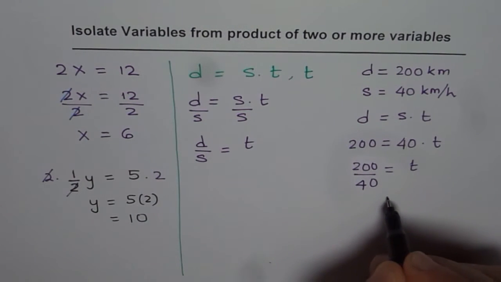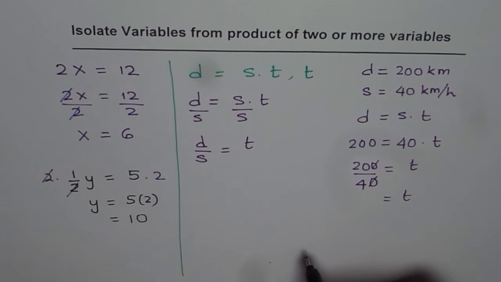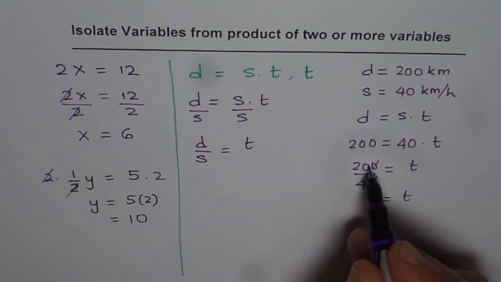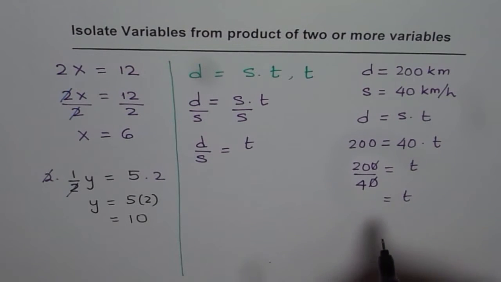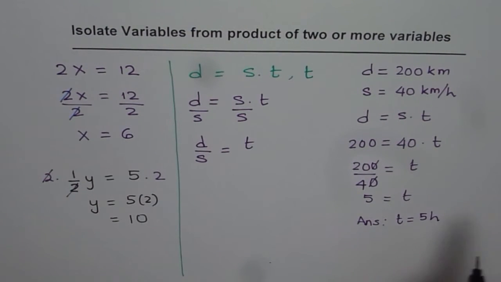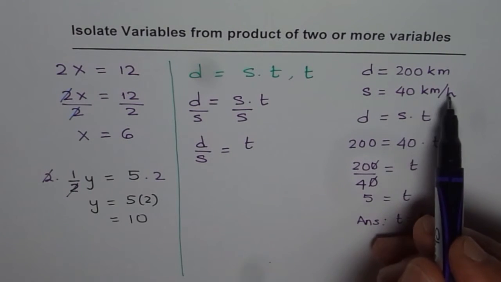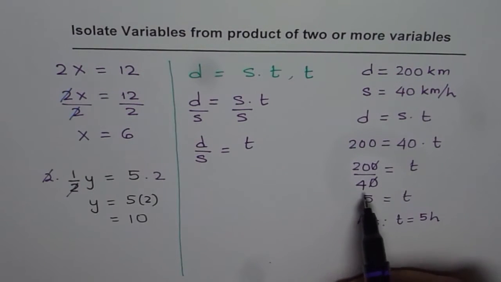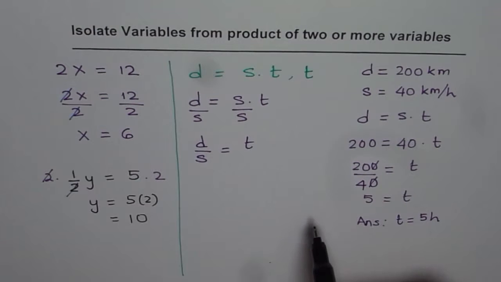Now in this case you can solve, get your answer, which is, dividing by 10, we get 20 over 4. Dividing 20 by 4, you get 5. And the answer is time t equals 5 hours, right? Since the units are kilometers per hour for speed and kilometers for distance, right? So that is what you get.